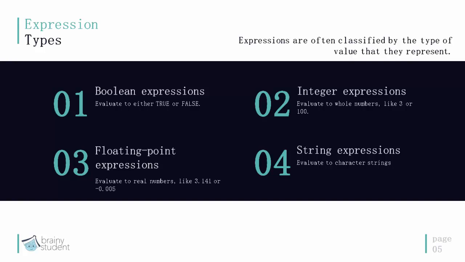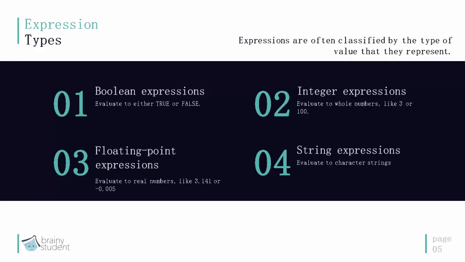Suppose I give you an expression like this: is it Sunday? Now the answer can be either true or false. If it is Sunday, it is true, and if it is not Sunday, then it is false. For such cases, we can only have two answers, and we have to choose one of them.